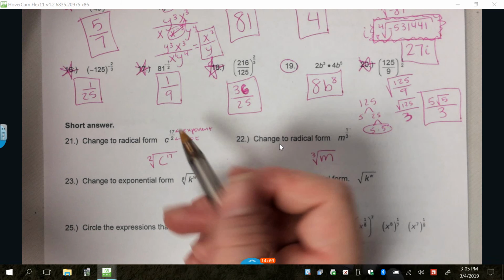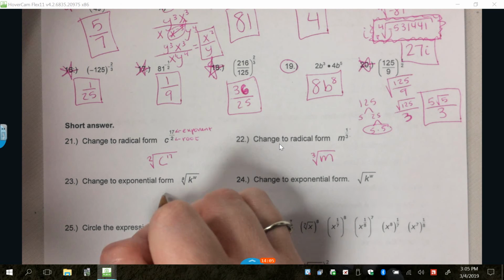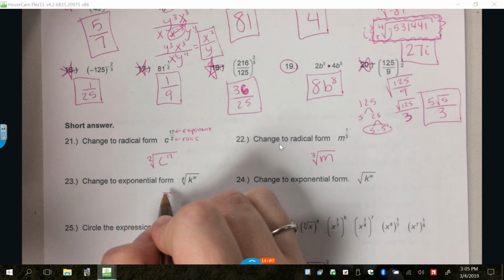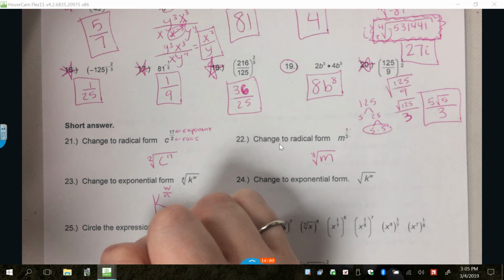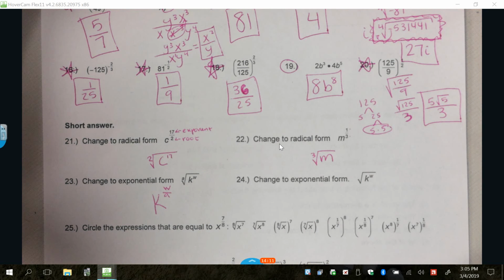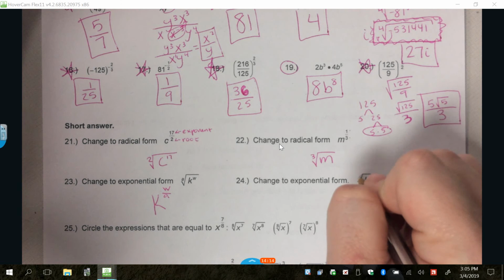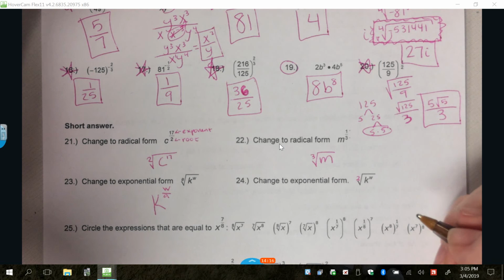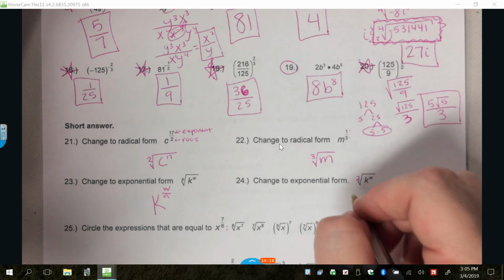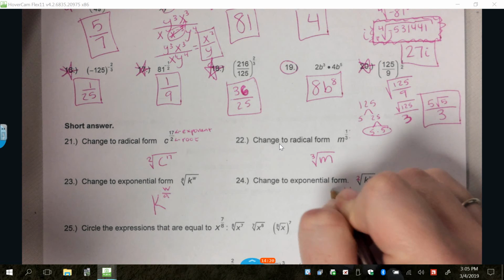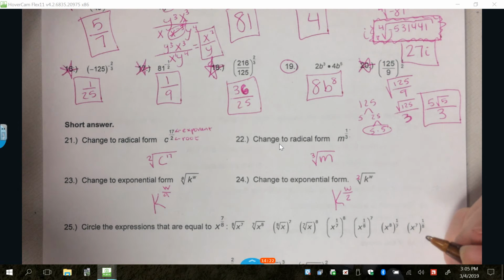Now here, remember, your root is the bottom of your fraction and the exponent is the top. So there's exponent form. And remember, when there's nothing here, it's always 2. So this would be w over 2. K to the w over 2 power.